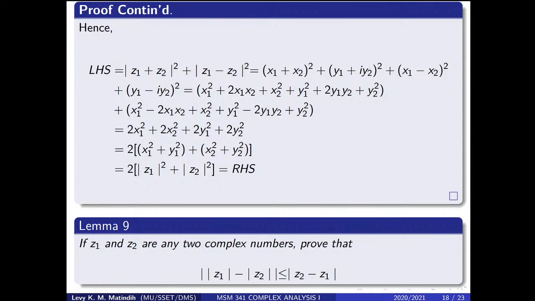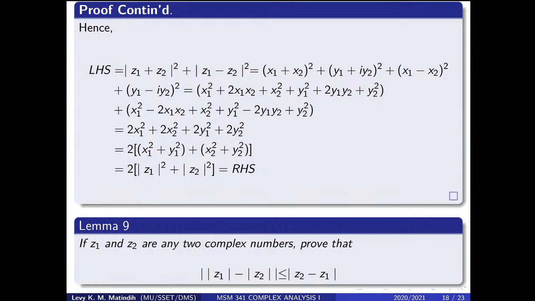From here, we arrange them according to z1 and z2. Rearranging this, 2 is common, so we can factor it out. Inside the brackets, we have the square of x1 plus the square of y1 plus the square of x2 plus the square of y2.